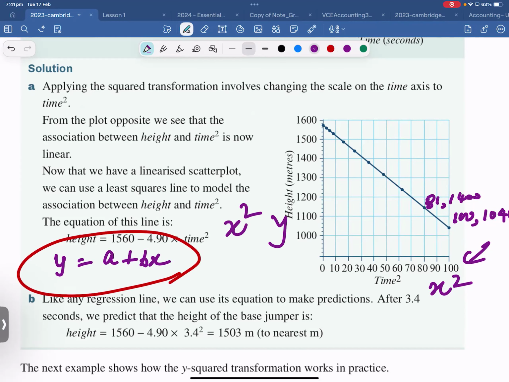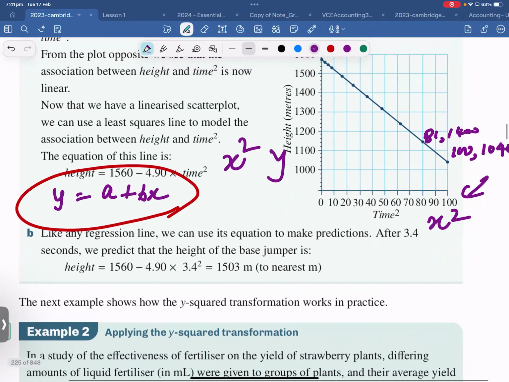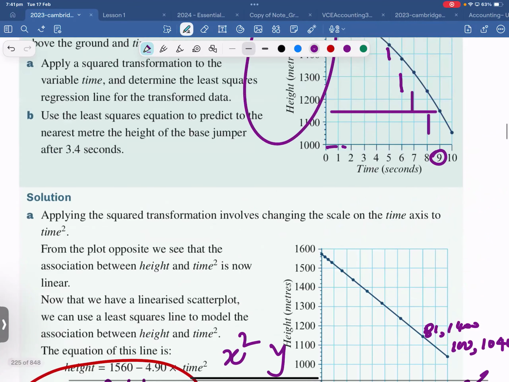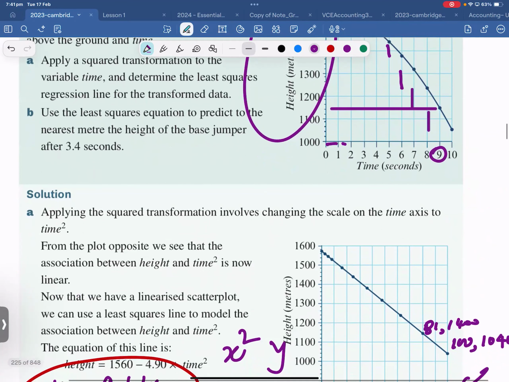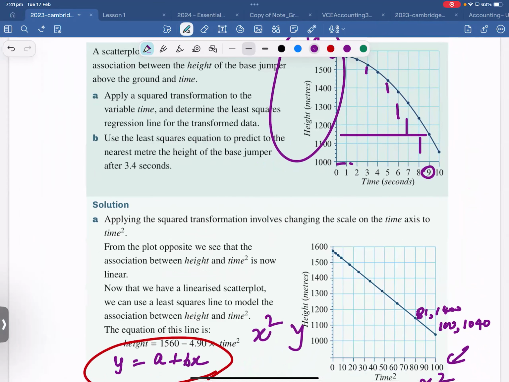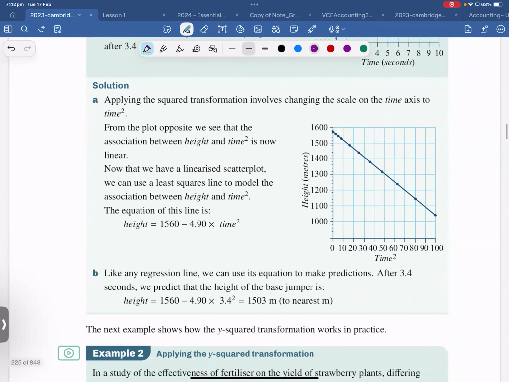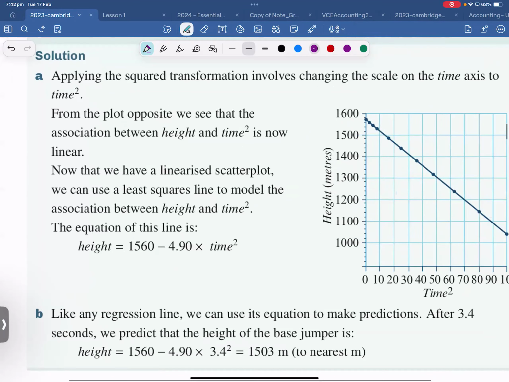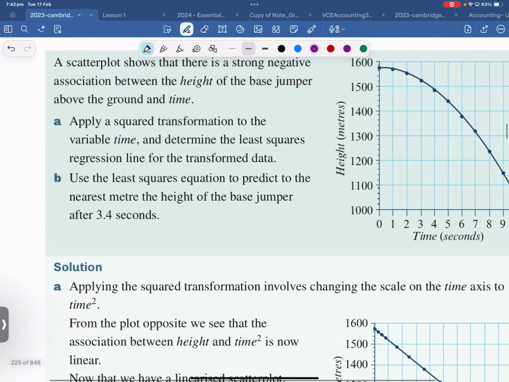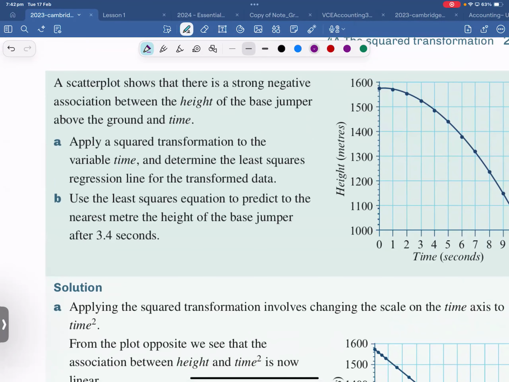Okay, right. Then, guys, part B. Use the least squares equation to predict, to the nearest meter, the height of the base jump after 3.4 seconds.